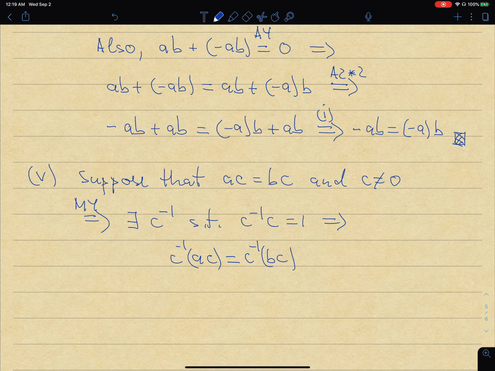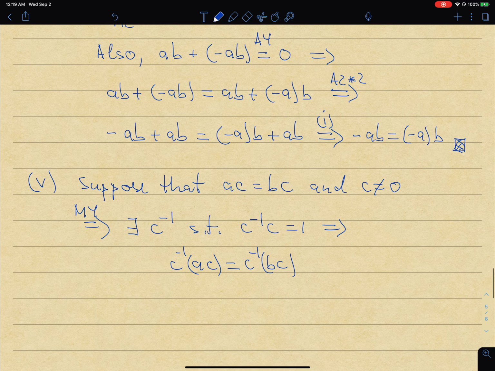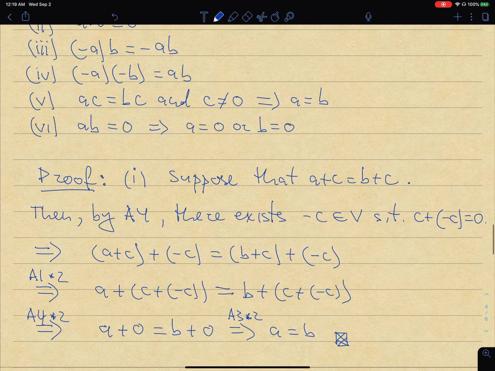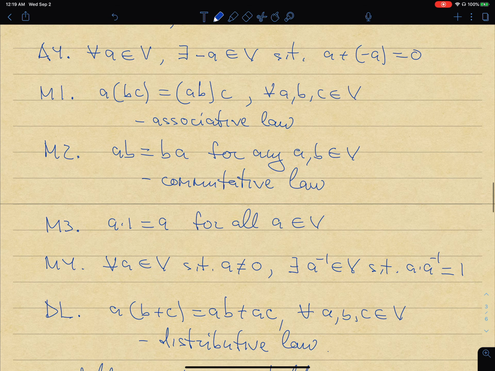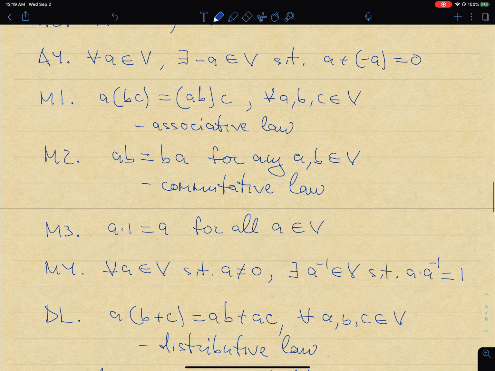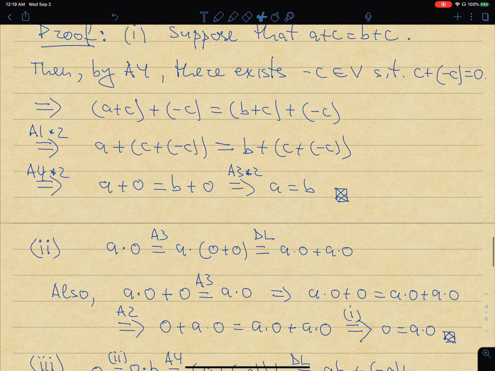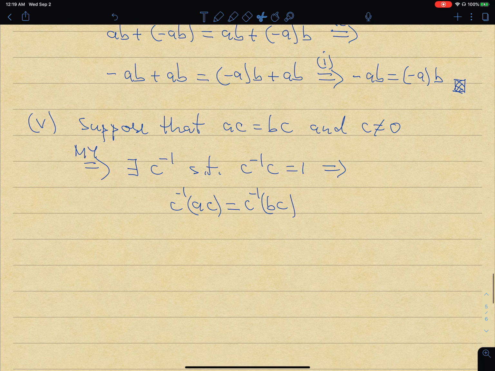So one thing that I should be able to use is the associative law for multiplication, which is the one right here. If I have A times BC, that's the same thing as AB times C. So let's see how we can regroup things here.